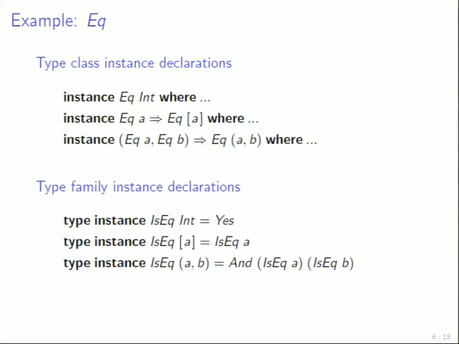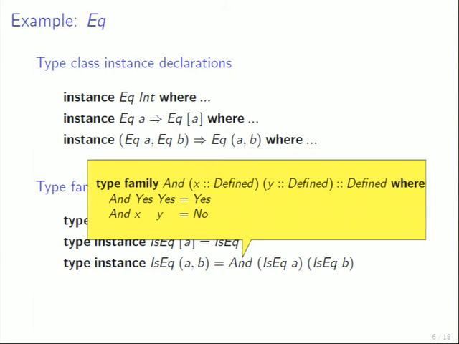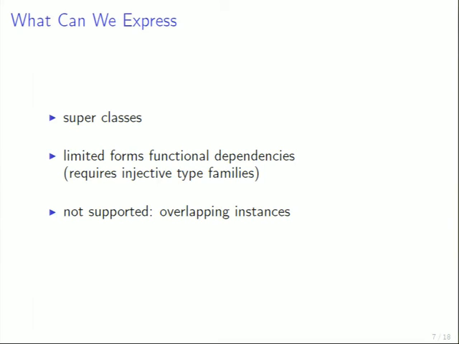For lists, we have a dependency on the context A, and then we just say it is whatever this will give us. Whenever we have more than one constraint in the context, then we have to compose the constraints that we have here. So we have a conjunction here, which is simply a closed type family which we define to be a conjunction. We want to have both sides to be true. This is fairly straightforward.